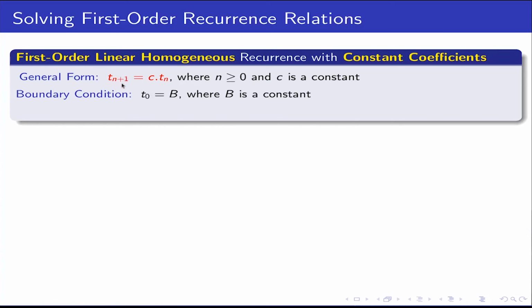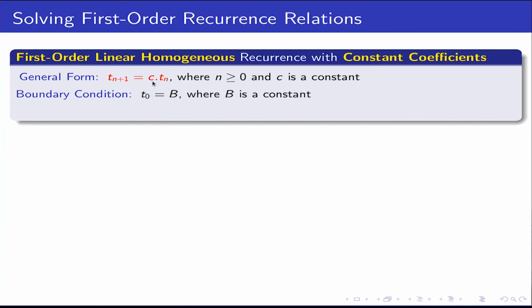The recurrence function that you define, t(n+1), is dependent on some constant into t(n) without any other function to be added which is not t(n). If a different function or constant is added to this format, then we call it non-homogeneous. So this is homogeneous. We just have to derive it from the previous term without any additional values.